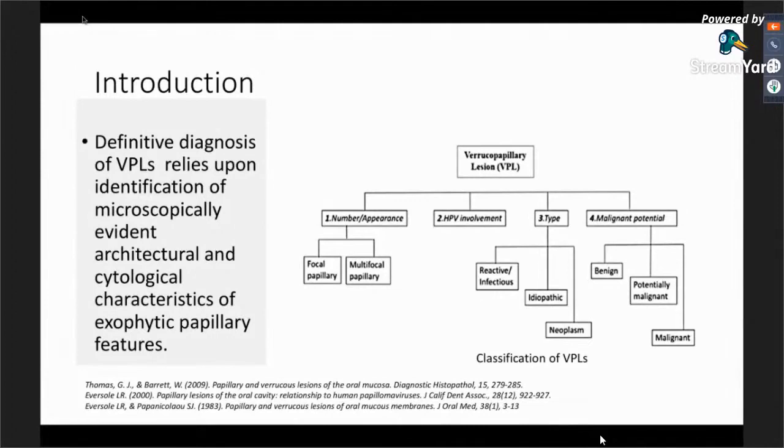If you look at this little diagram, we can talk about verrucopapillary lesions in terms of the number, the appearance, whether they are focal or multifocal, whether HPV is involved, whether they are etiologically reactive, infectious, idiopathic or neoplastic, and whether they have a malignant potential. So whether it's benign, potentially malignant, or malignant. That's basically a whole series of verrucopapillary lesions.